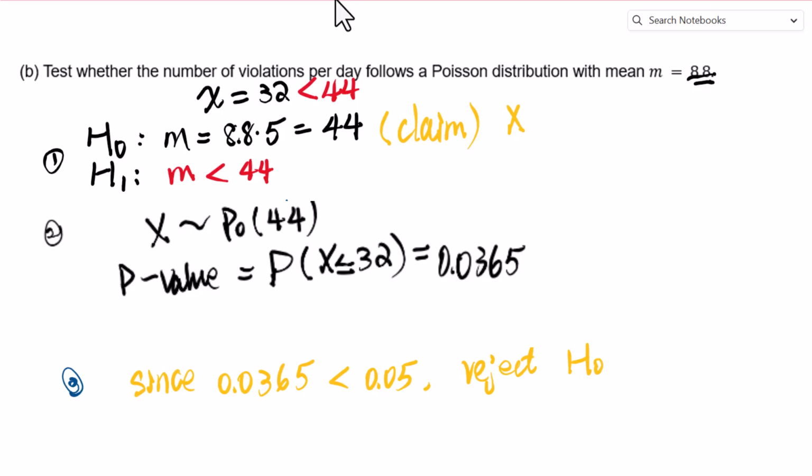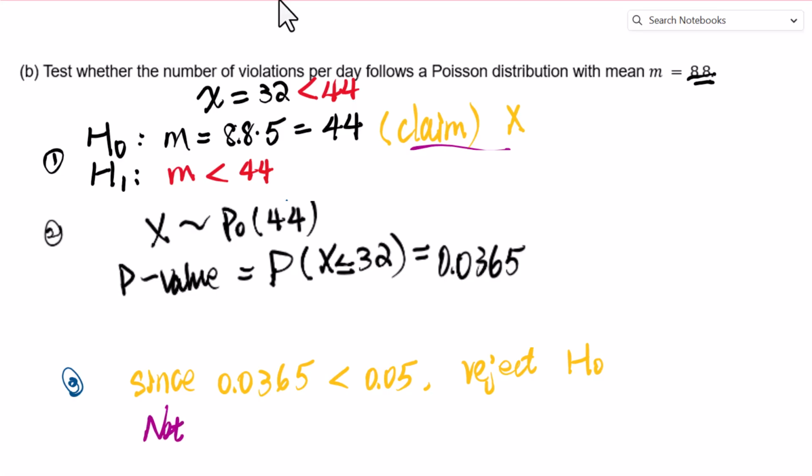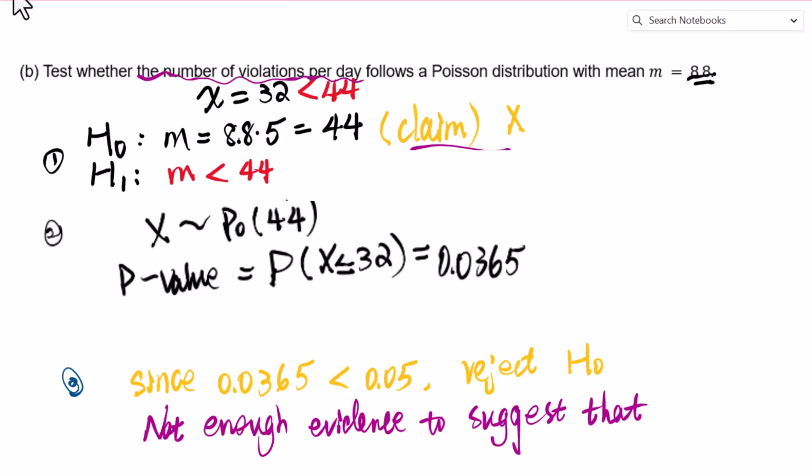We are in favor of H1, which means we are not in favor of the claim. We will write down not enough evidence to suggest that the number of violations per day follows a Poisson distribution with the mean 8.8.